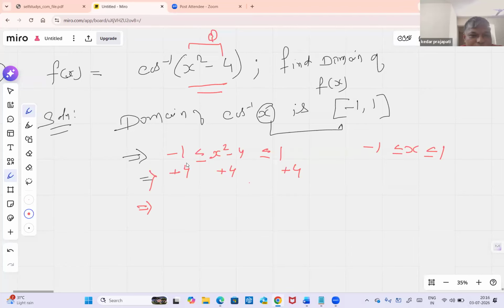So this will become 3, then 5. Right? And 4 is also added here. So we can simply make it as x square. Correct?